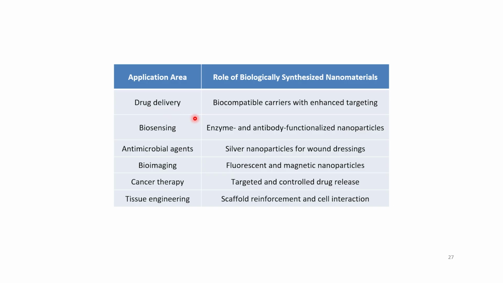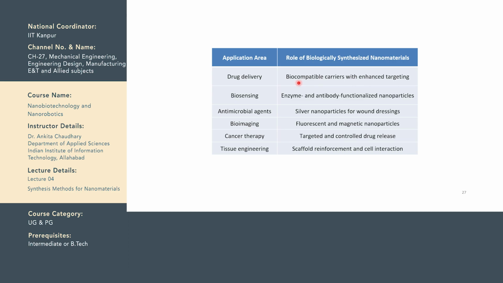For drug delivery, biocompatible carriers with enhanced targeting are required. You create biocompatible materials from biological sources that can be highly precise in targeting whatever you are trying to target. So this is an advantage.